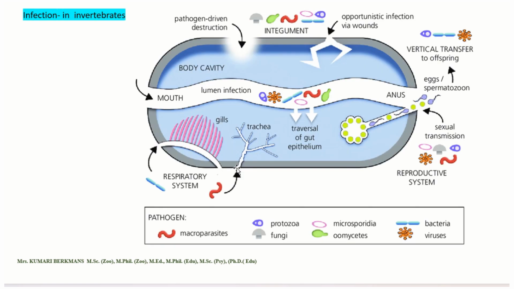Let us see infection in invertebrates. The pathogens enter through the mouth and traverse the gut epithelium. It affects many areas and causes the disease or damage of the whole body of the invertebrates.